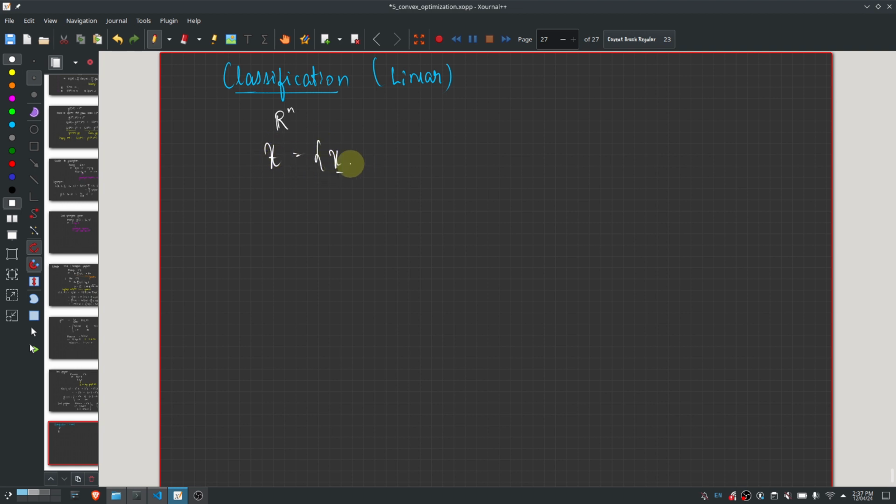So the set x consists of, say, capital N points, each x_i belonging to R^n, and another set y, y_1 up to, say, y_m, each y_i is also from R^n. And the goal is in some sense to find out what distinguishes these two sets of points.